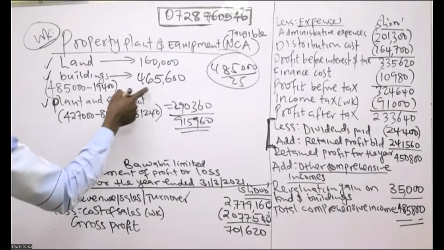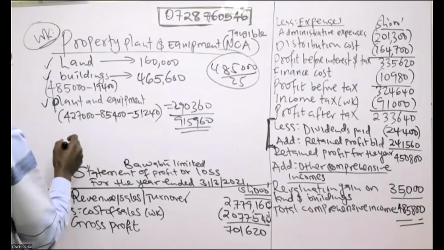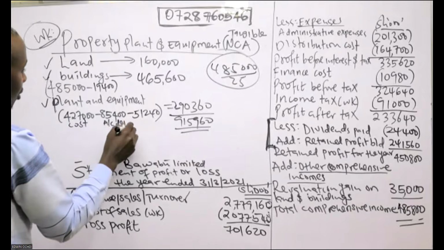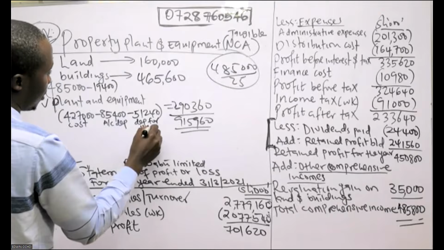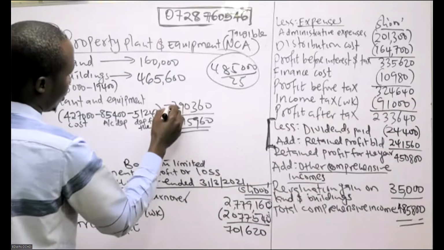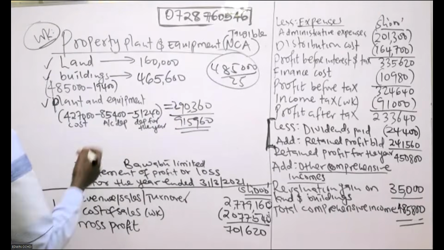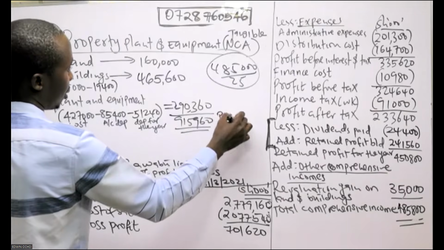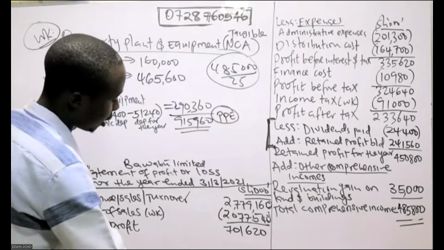We deduct. And for plant and equipment, it was on reducing balance basis. So we have to take the cost. We deduct the accumulated depreciation and the depreciation for the year. That is giving us 290,360. Then we get the total for PPE to be shown under non-current assets.